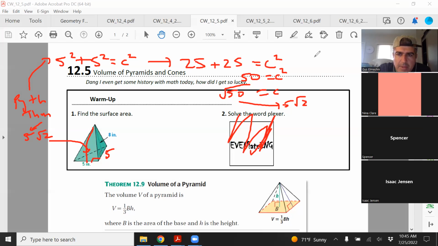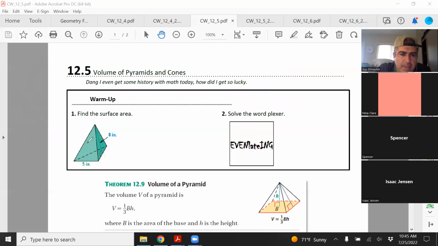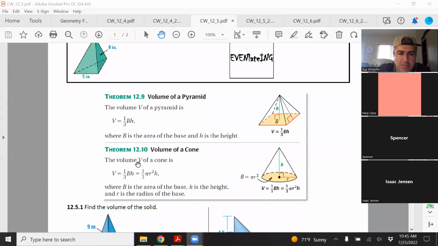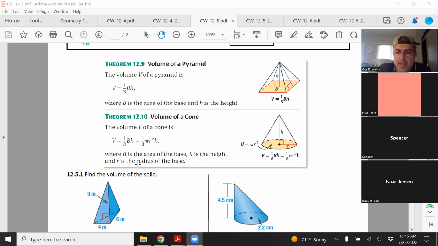Actually, let me backtrack a little bit. I'm guessing this is probably equilateral. We're going to skip this problem. I don't think we have enough information. Let's just move on. You know how to find surface area: find the area of all the faces. We'll just move on because that seems very confusing. Sorry for wasting our time there.